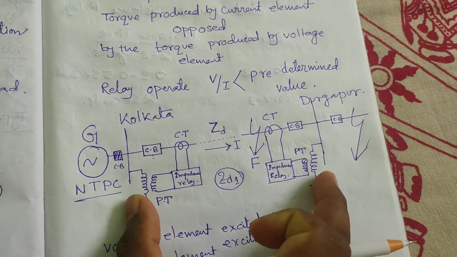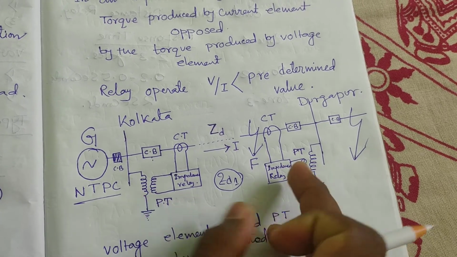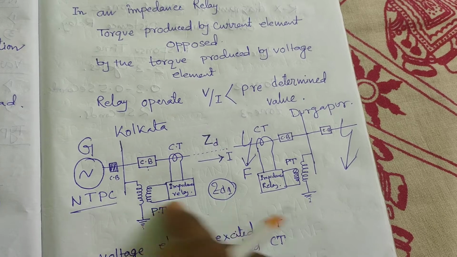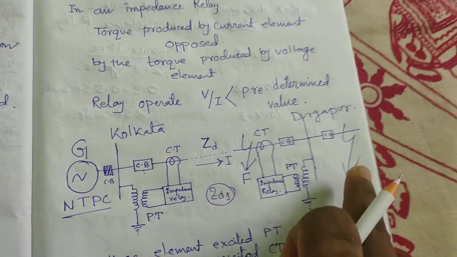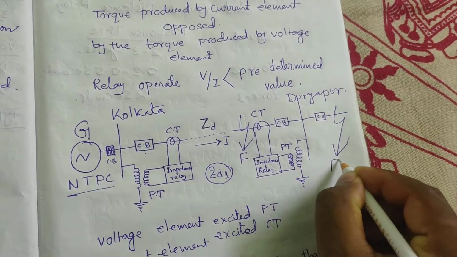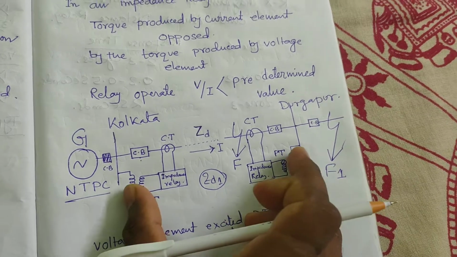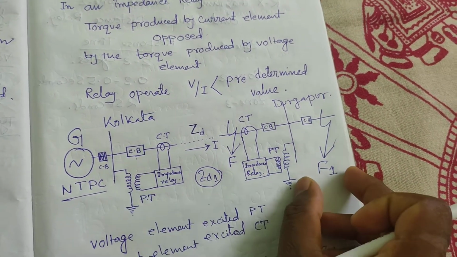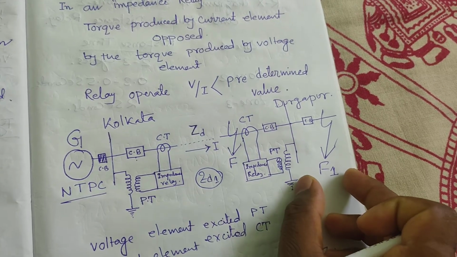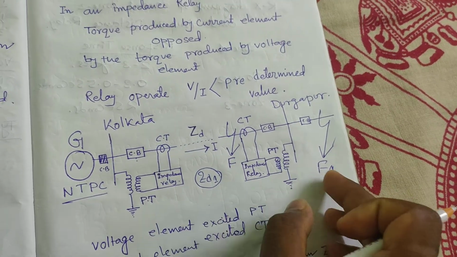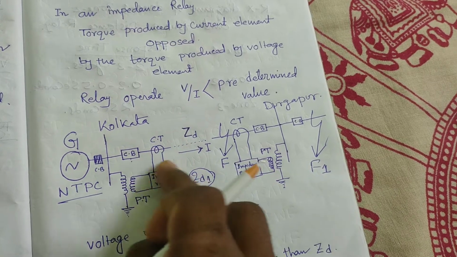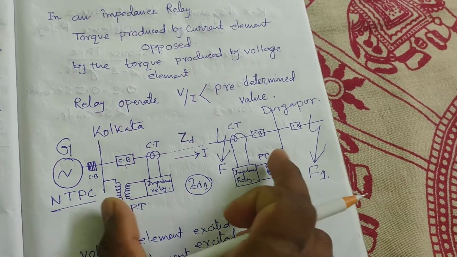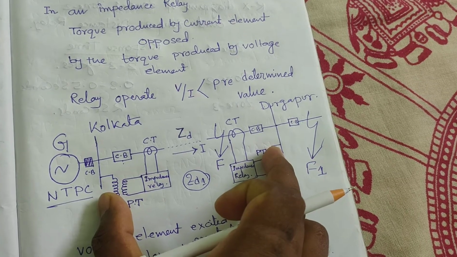This is the protected zone. And this relay is just protecting the line on this side and this side. So if the fault F is within the specified zone, and now the fault is F1. If the F1 fault happens here, then this relay will calculate the impedance from the fault location, as the predetermined value is ZD.